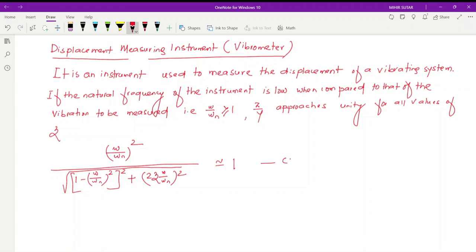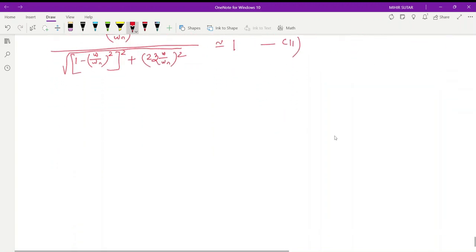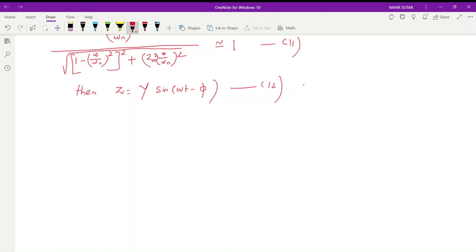Let's say this is equation 11 from the preceding derivation. Then we have z is equal to capital Y sine (omega t minus phi). This we have already taken. Let's say this is equation 12.